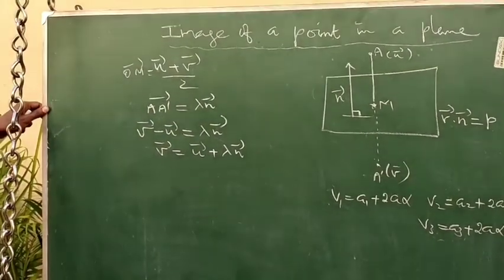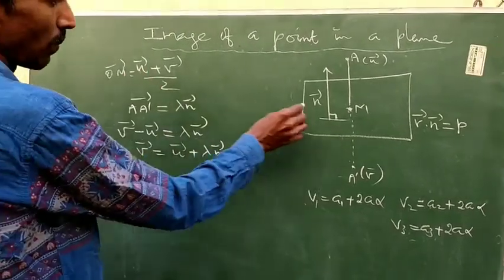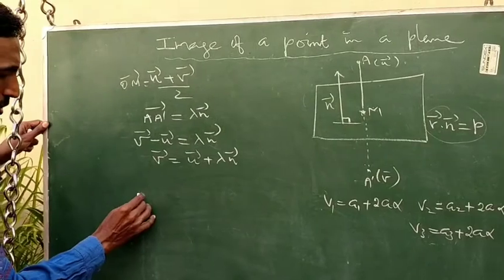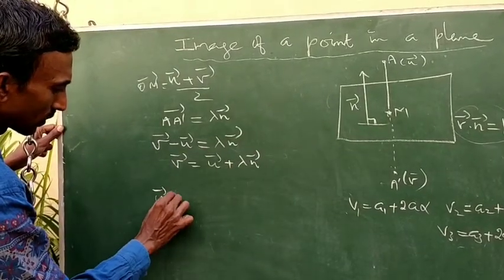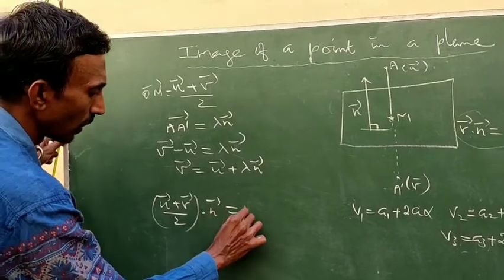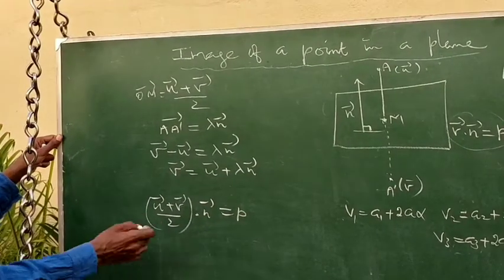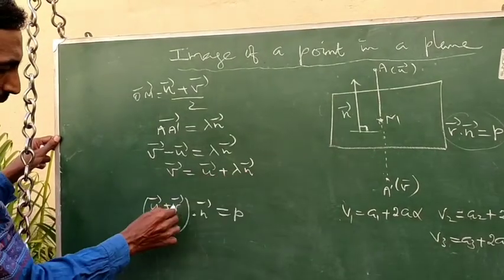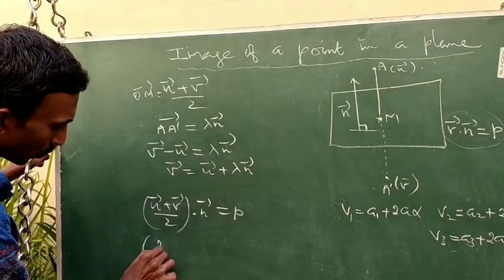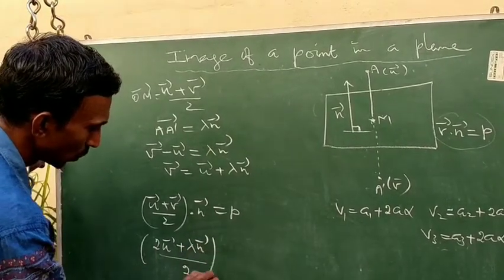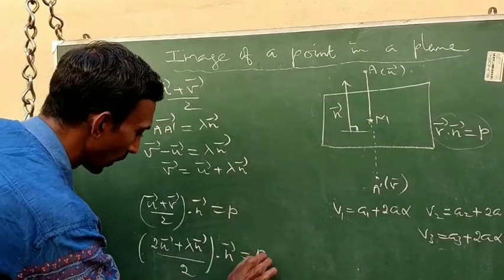Already we know that M is a point in the plane, therefore it satisfies the plane equation. So (u plus v) by 2 dot n equal to p. Now put the value of v here. So u plus lambda n, u plus u, we are getting (2u plus lambda n vector) by 2 dot n equal to p.